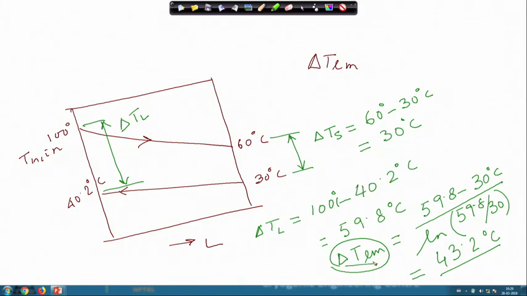Now, what else do we need? We also know, already we have seen that Q is known. Q we have estimated 8524.